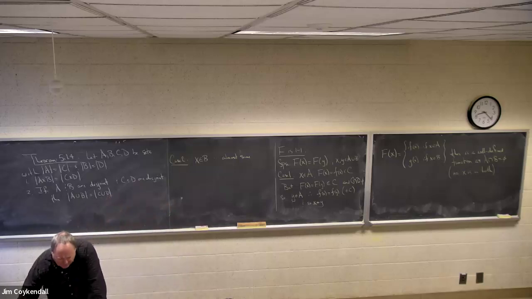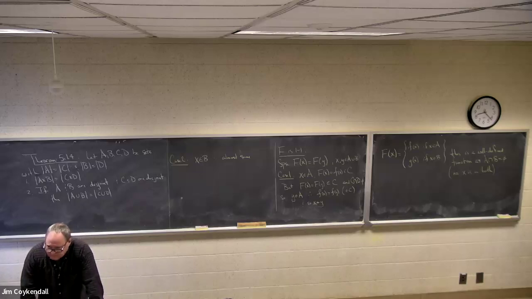Okay, any questions on this? About, this is kind of getting into the final conclusion. Like, the fact that G is from B to D, how can we say that G from B to D is onto?